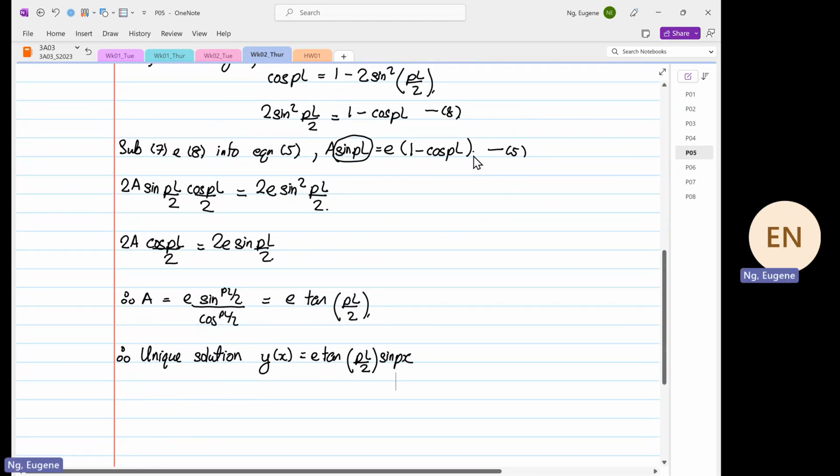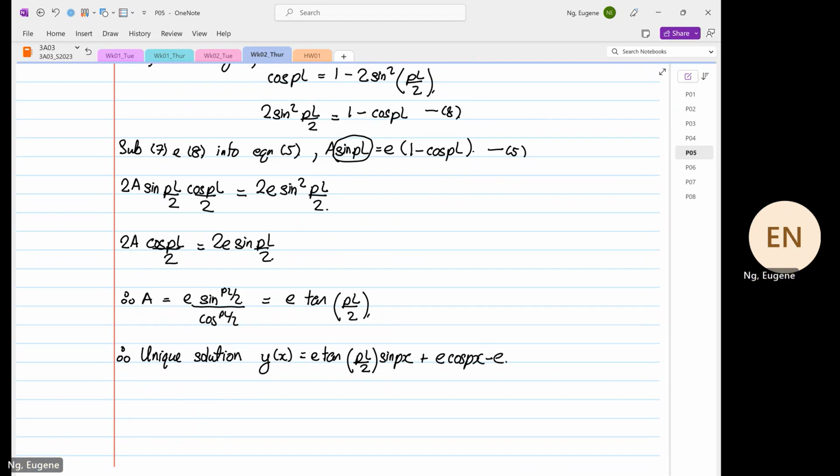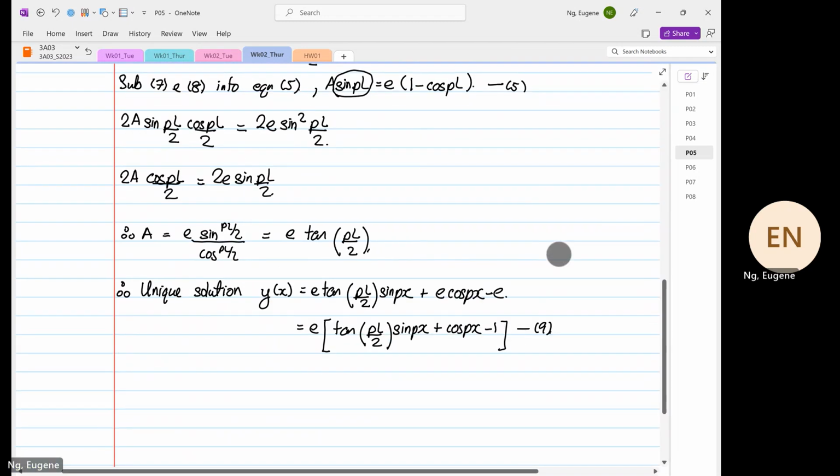And then we have a plus E cos px, and then we have a minus E. Okay, so just to tidy things up, E tangent pL over 2 sine px plus E cos px minus E. This is our equation number 9.